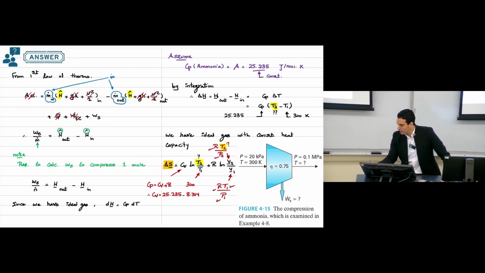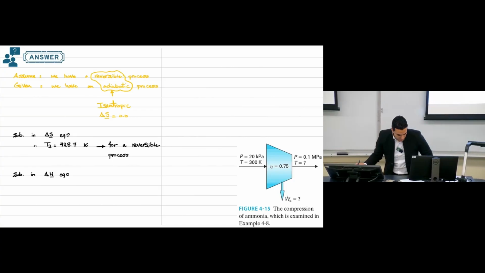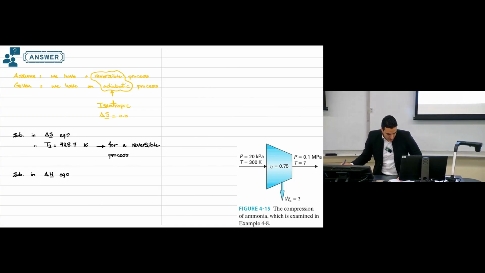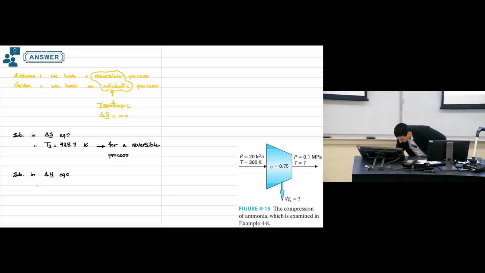We have Cp, we have the inlet temperature, and we have the outlet temperature if the process is reversible. So we can substitute in this equation, and then delta H will be 4,839 joule per mole. Again, this one is for a reversible process.